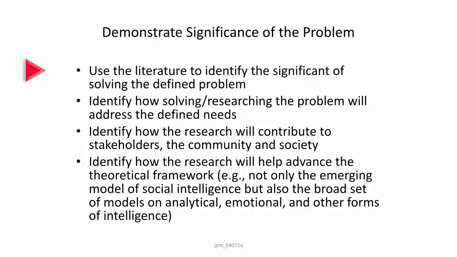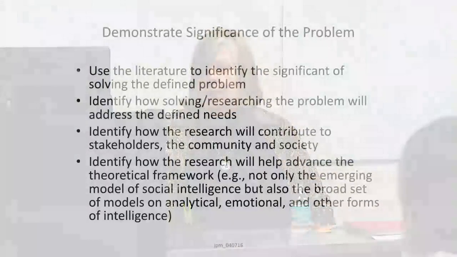And we say you have to use the literature to identify why it's significant, why we should be solving the problem, why should we be looking at how gaming or virtual reality influences learning or improves communications in organizations.